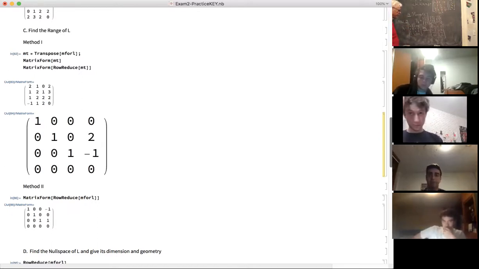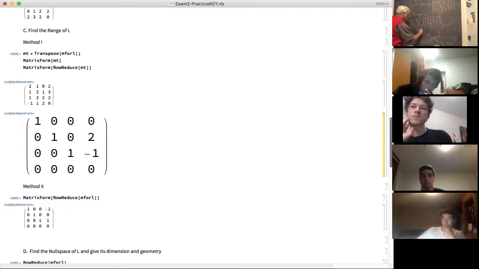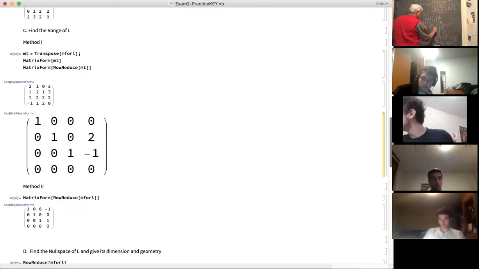It doesn't tell you easily what it is, but it does tell you that only 3 of them are linearly independent. So method 2 gives you a second basis. Either one is a good answer to this question: 2102, 1213, and 1222.